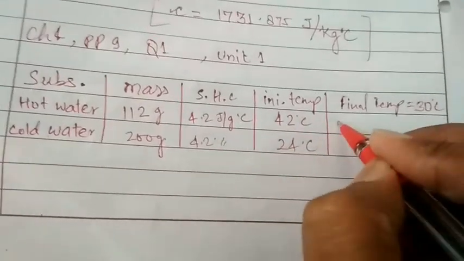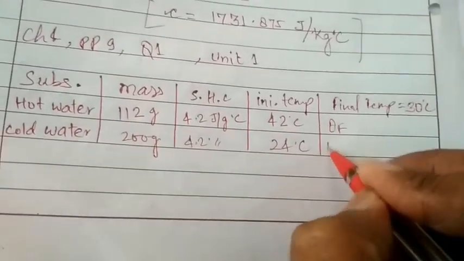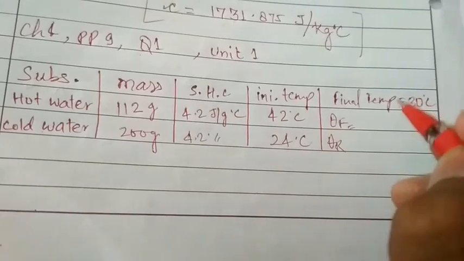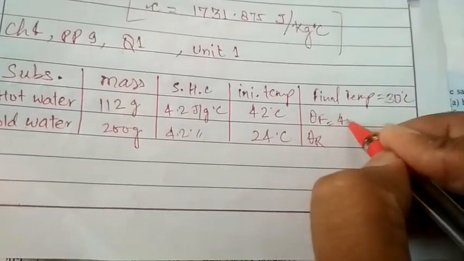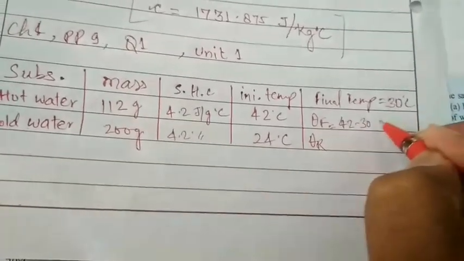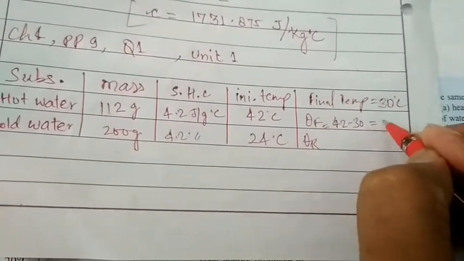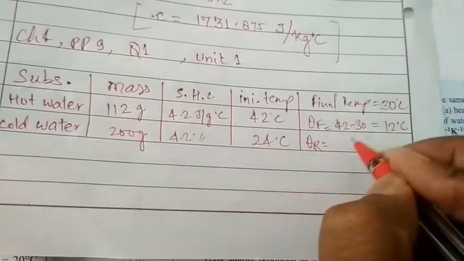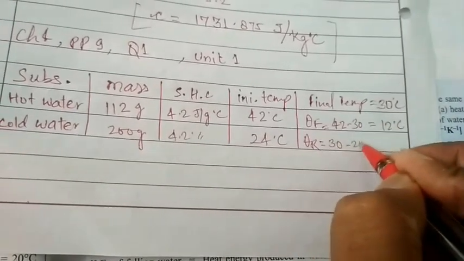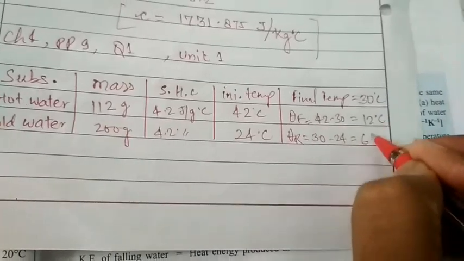This one is hot water, so its temperature will fall, and theta rise will be here. This is going from 42 to 30, so 42 minus 30 is equal to 12 degrees Celsius, and theta rise from 24 to 30 means 30 minus 24, that is equal to 6 degrees Celsius.